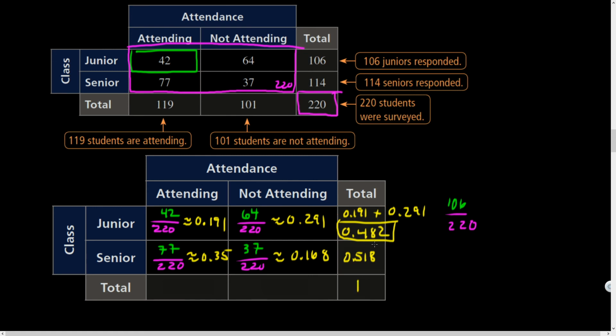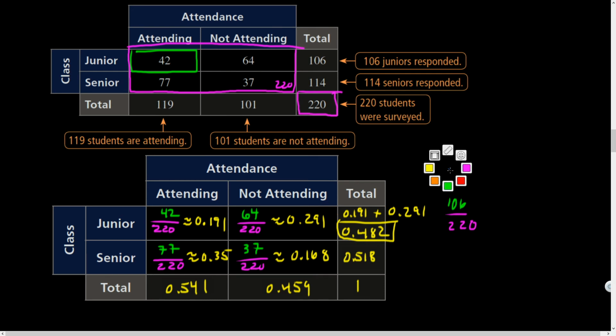And so if I add up 0.482 with 0.518, I get 1.00, which you could think about as 100%. You could just write that as 1. And so to find these, I could add the columns. I get 0.541. And if I add these columns, I get 0.459. And theoretically, verify, if I add across, it does in fact equal 1.